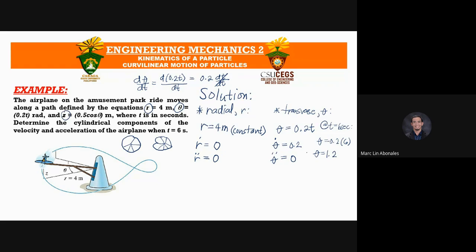That is what you notice with theta dot and theta double dot, radians per second and radians per second squared. So the unit of our theta of 1.2 is in radians. So when we substitute this later in the z coordinate, your calculator needs to be in radians. So we will determine that later. So the last is the z coordinate.